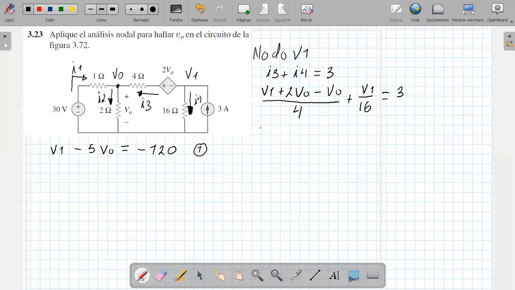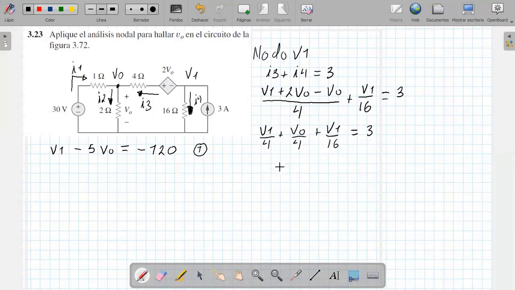Separate the variable. I'm going to get that V1 over 4 plus V1 over 4. Here it would be 2 times V0 minus V0, over 4, plus V1 over 16. All of this equals 3 amps. I'm going to multiply by 16. Well, first let's see what V1 has.